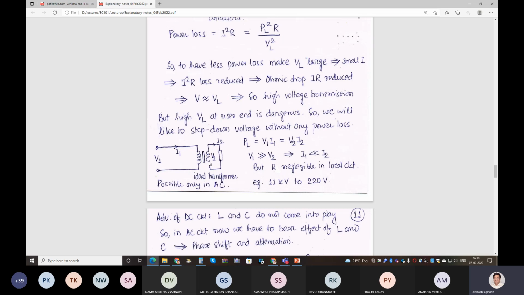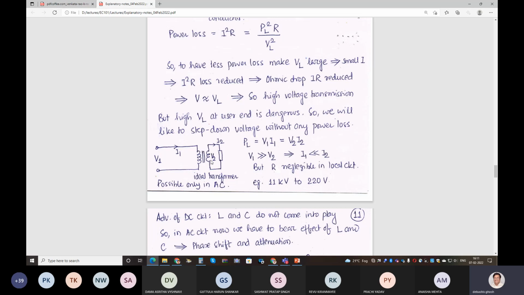Depending on the number of turns, V1 to V2 will be in the ratio of the number of turns on both sides. Generally, the secondary side will have a very small number of turns compared to the primary side, so V2 will be stepped down in this case.